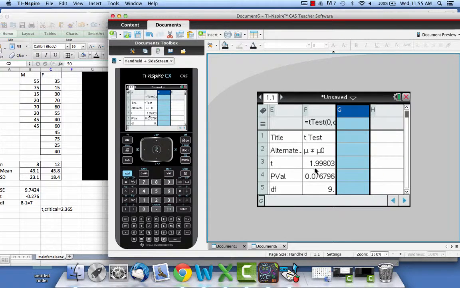Anyway, so because it was mu does not equal mu 0, that's when we had to tell it mu 0 is 0. And the p-value, of course, is closer. It's 0.076, but that's still greater than 0.05. So we fail to reject the null. The mnemonic, remember, is if p is low, the null must go.